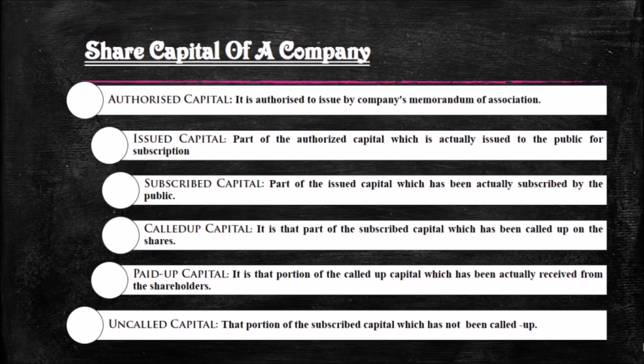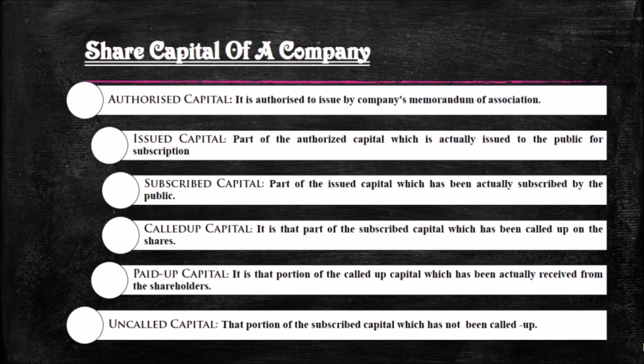Suppose the company wants to raise additional fund. It will be collected from the public by issuing shares, one source of raising capital. By issuing shares, an invitation is sent in the form of a prospectus to the public regarding the number of shares issued and the value of each share.